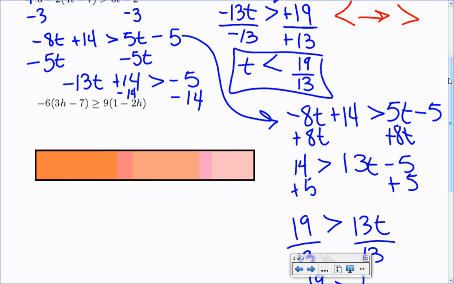Okay, this one here, we can distribute our values right away. So we have negative 18h plus 42 is greater than or equal to 9 minus 18h. Okay.